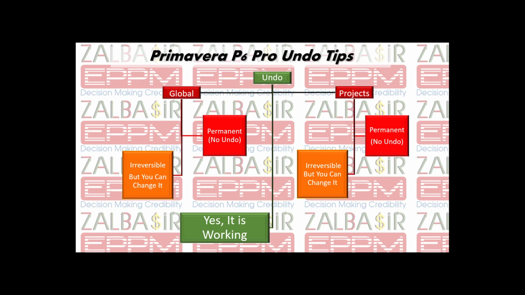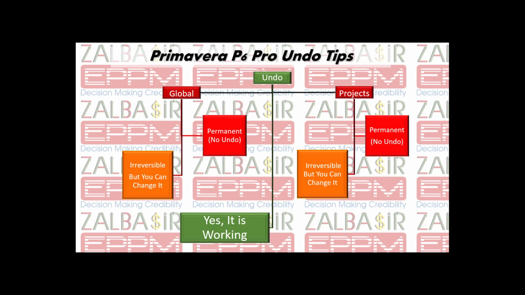The only way to retrieve them is to ask the admin to retrieve the backup database in his system, and this might delete other people's works. So it's also dangerous.